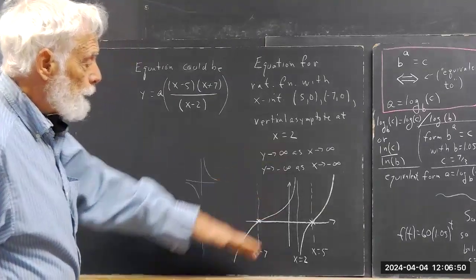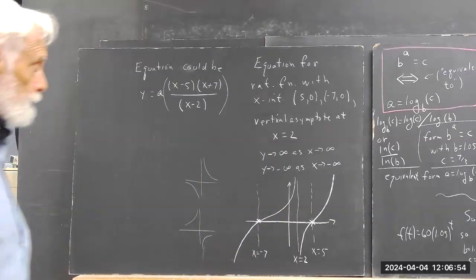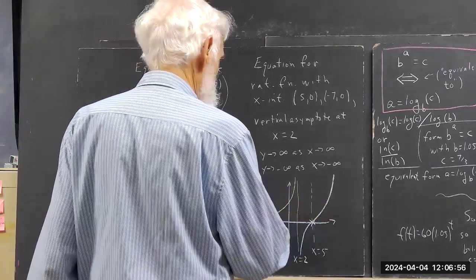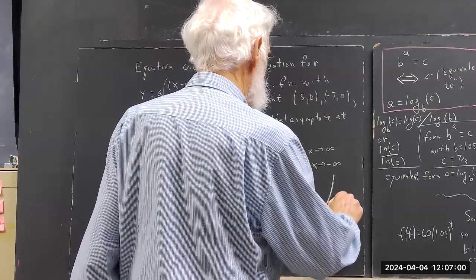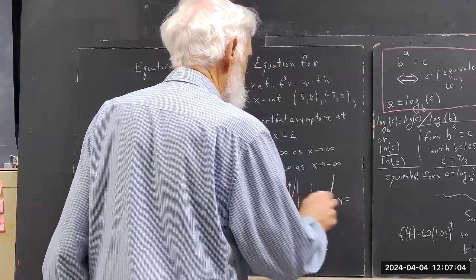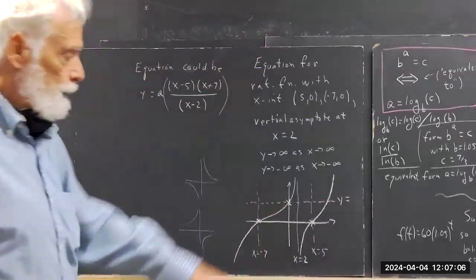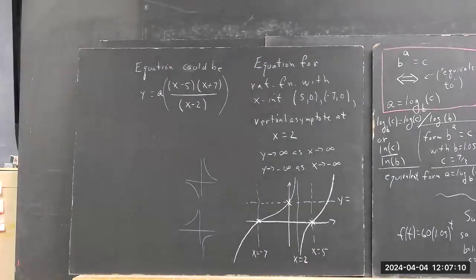You don't have enough information to determine a. But I'm going to give you some information. I'm going to let you tell me. Here's your y-intercept. What's y equal to at this point? You give me any number you want.